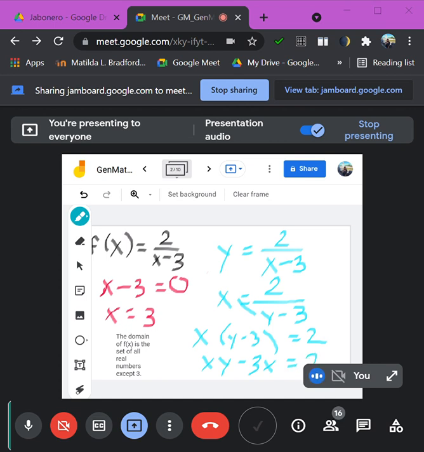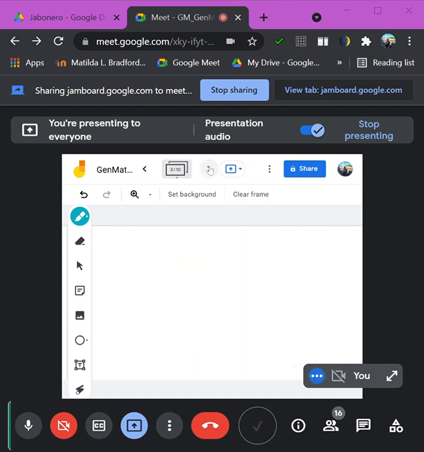Our goal is to leave y alone on one side. So we move the negative 3x to the right, and it becomes xy is equal to 2 plus 3x.